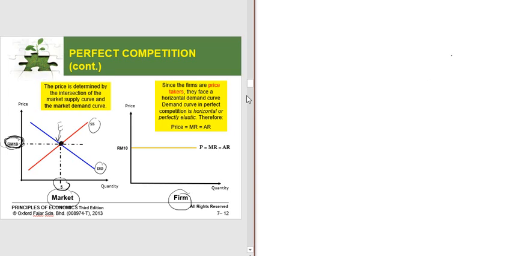If you look at the graph for the individual firm here, you can see that the price is set at RM 10 ringgit regardless of the quantity of the product, whether you sell 10 units, 20 units or 30 units, the price will be fixed at RM 10 ringgit, because firms in the perfect competition market are price takers.